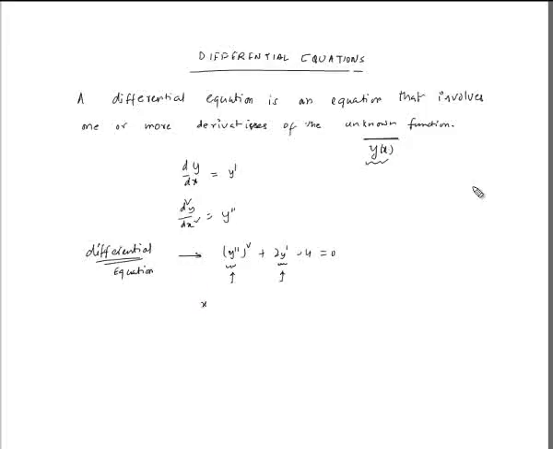Typically x is the independent variable here, and the function, which is y, is called the dependent variable. So a differential equation is an equation where you have one or more derivatives of the dependent variable, which is y.